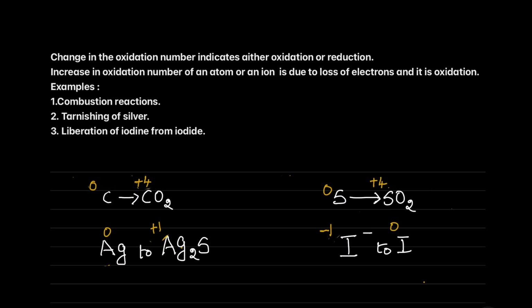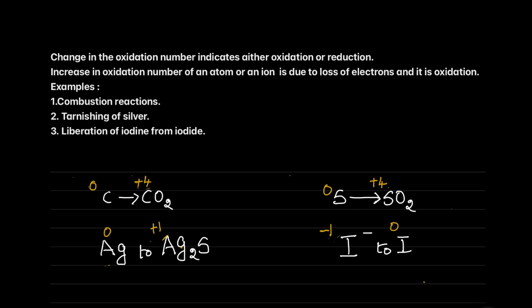In the previous video, we had discussed what oxidation number is and how to calculate it. In this video, we are going to look at how oxidation numbers are used to determine whether the given substance has undergone oxidation or reduction.